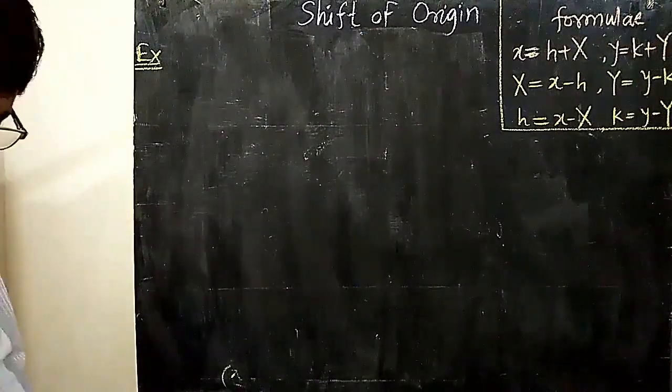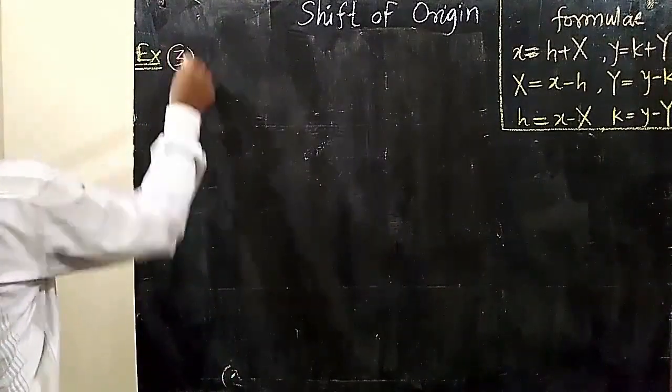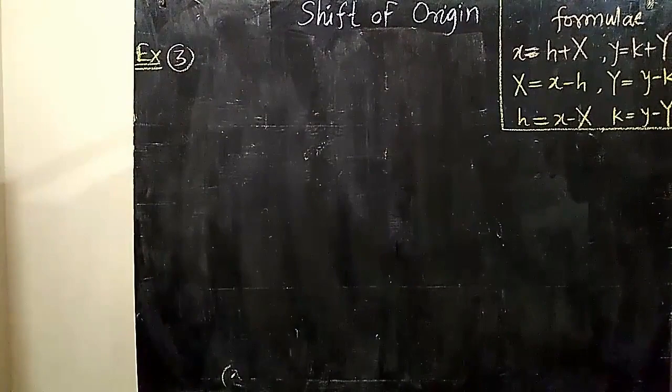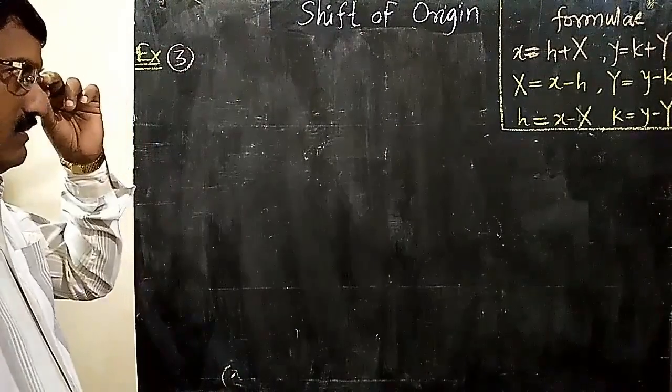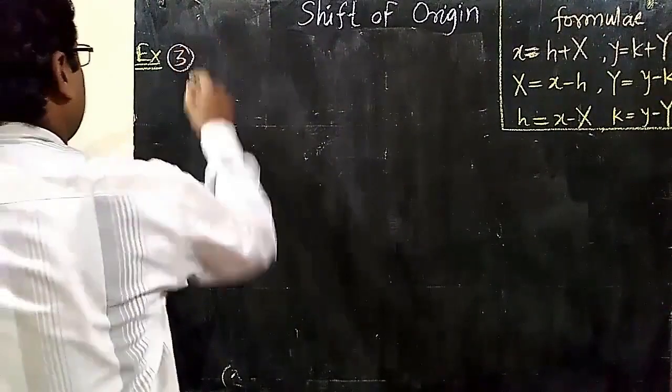In this third type of example, if old coordinates and new coordinates are given and the new origin is asked, then let us see how to find that.